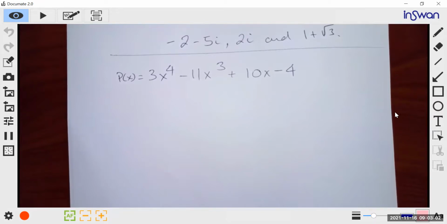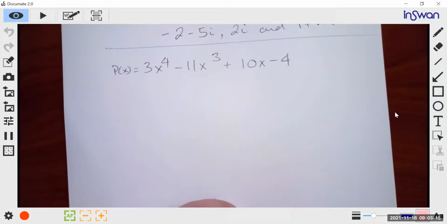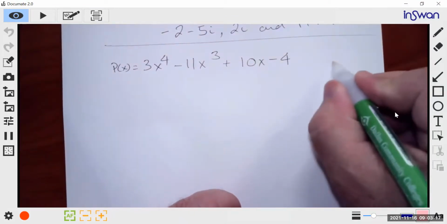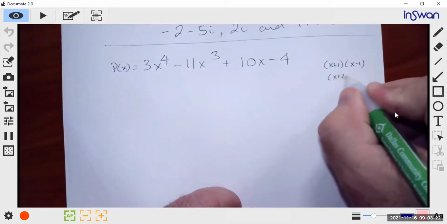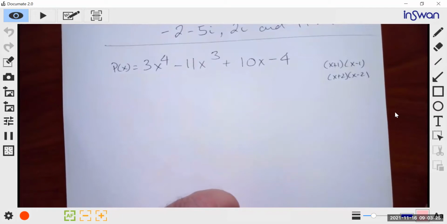How would you decide where to start finding solutions? We could start dividing x plus 1, x minus 1, x plus 2, x minus 2. Keep on going. How many possibilities are there? Well, they can also be fractions. So there's pretty much an infinite number of chances you can try.